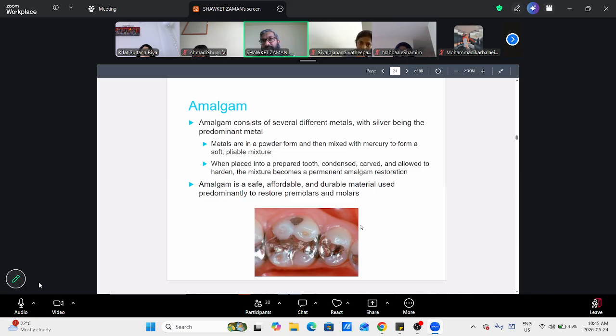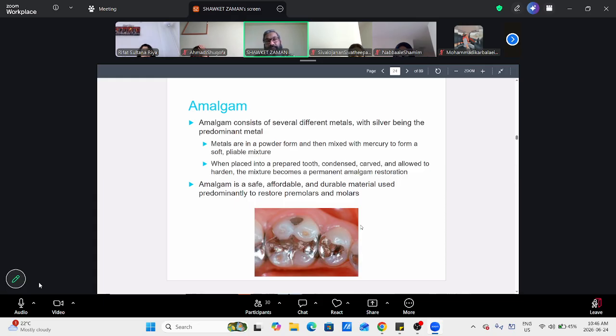But when you compare the compressive strength or the stress-bearing capability, composite is still lower than amalgam. So amalgam has more compressive strength compared with composite resin restorations. But people are liking this.